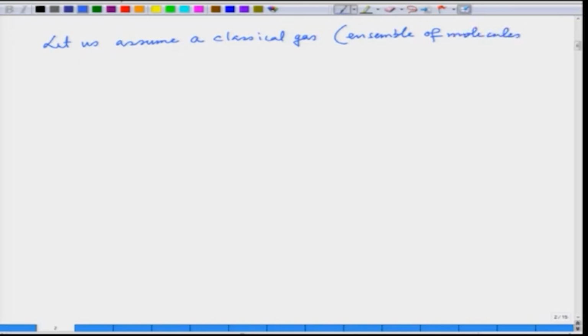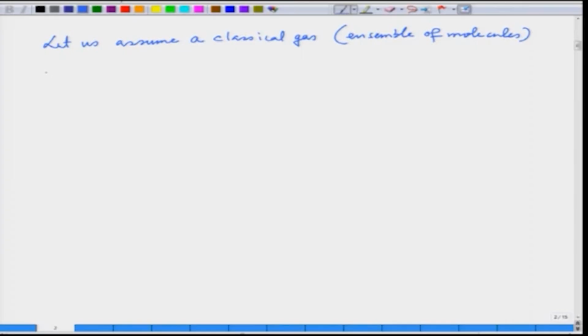Here I am not talking about the ensemble in phase space, but an ensemble of molecules, which means just a collection of molecules. Classical molecules which are interacting among themselves just in terms of elastic binary collisions. And then we just let it evolve without any force or anything.